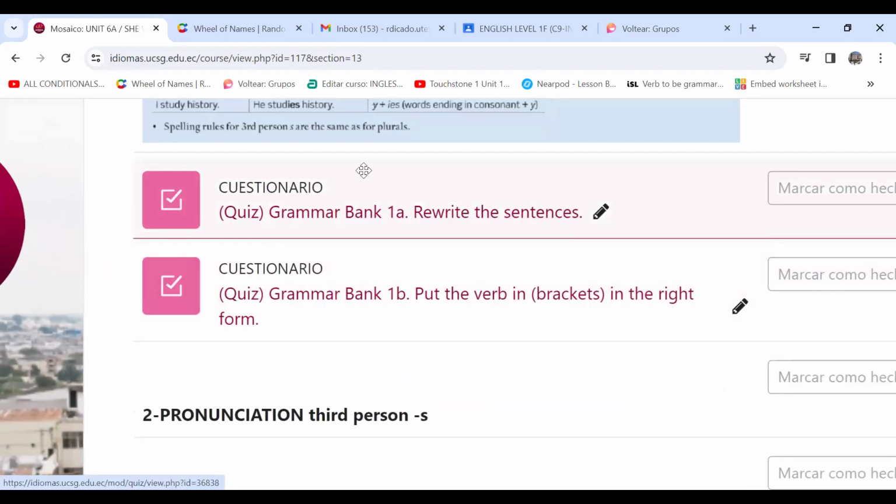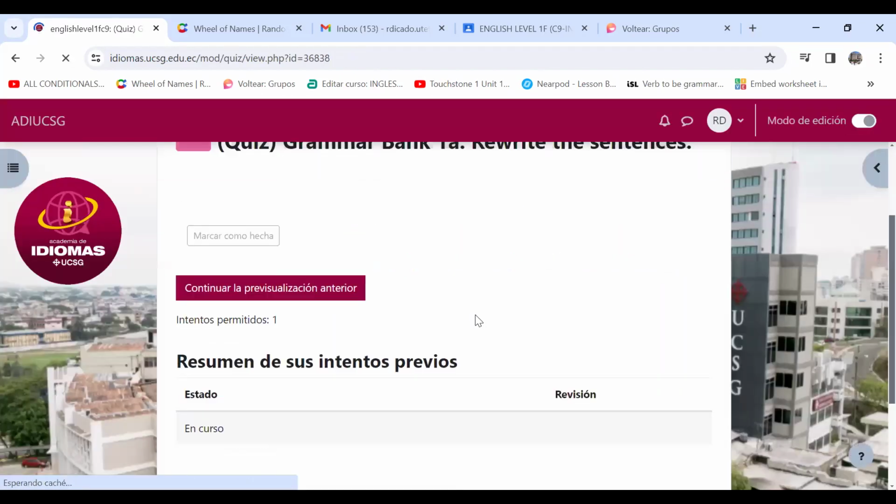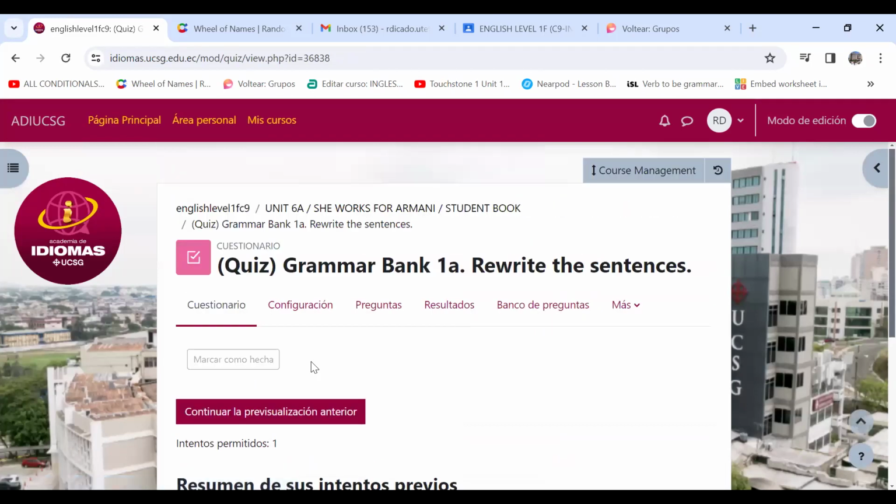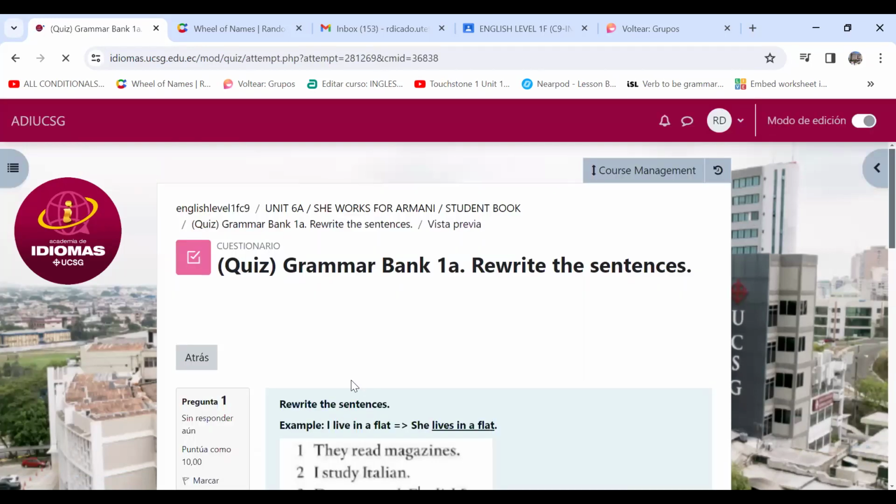Okay? Everybody, go to Cuestionario Grammar Bank 1A. Creo que este ya lo hicimos. Déjame ver. Ah, no. Okay, Grammar Bank 1A, rewrite the sentences.